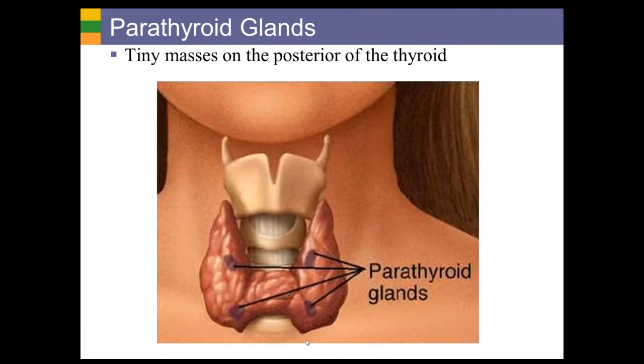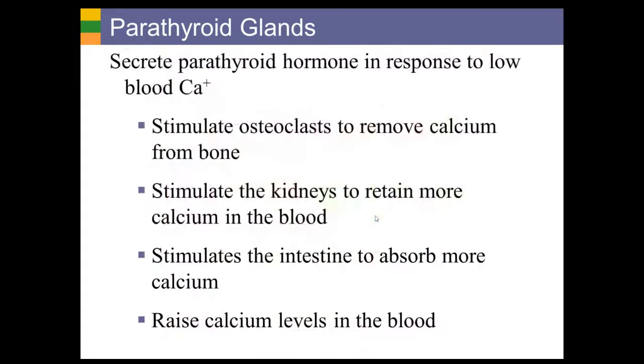So this is your thyroid gland. Located on and sometimes close to the thyroid gland are what are called parathyroid glands. And parathyroid glands, of course, are going to produce parathyroid hormone. Parathyroid hormone is antagonistic to calcitonin. Calcitonin causes a decrease in blood calcium levels.